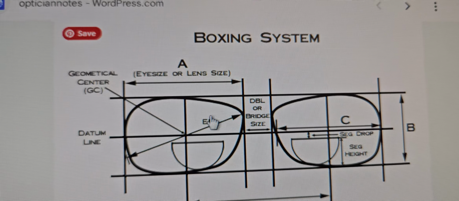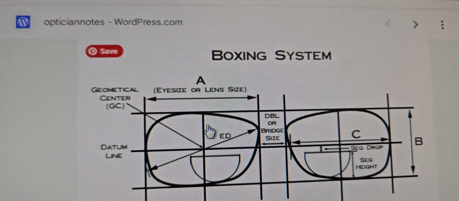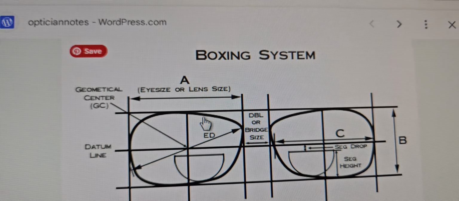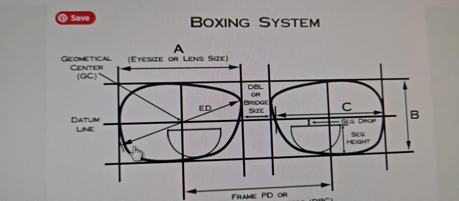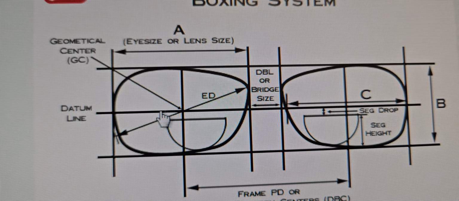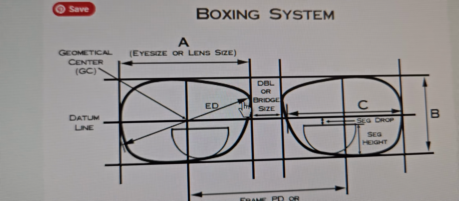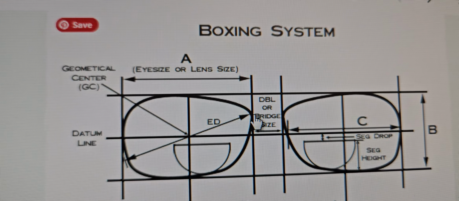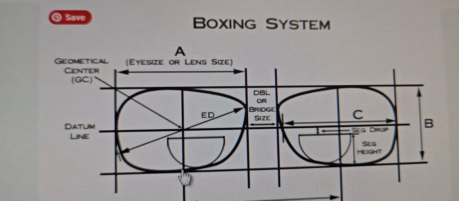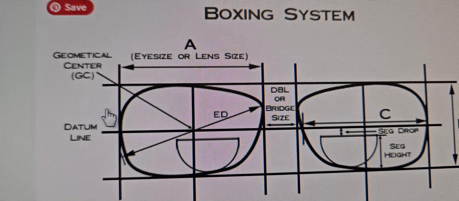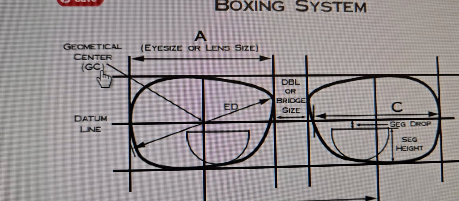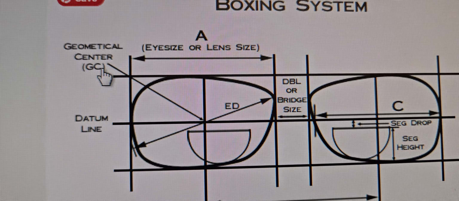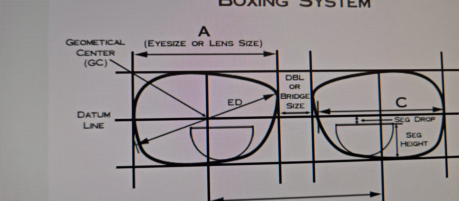So from here to here it's longest, right? This one is not big, vertical is not big. So ED, effective diameter, that's why it's the longer distance in the lens. So the middle of the ED and B height, where the point of intersection is, is called the geometrical center of the lens.